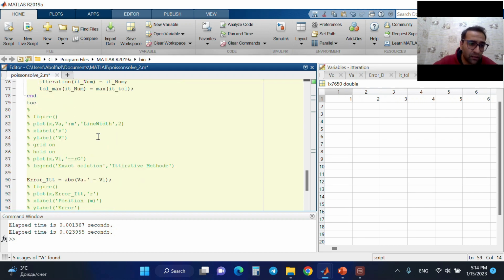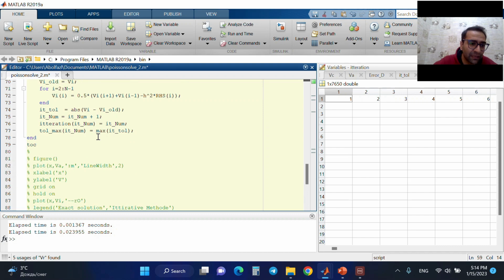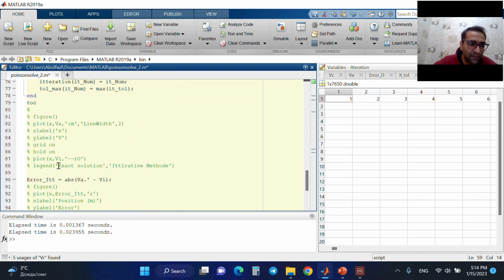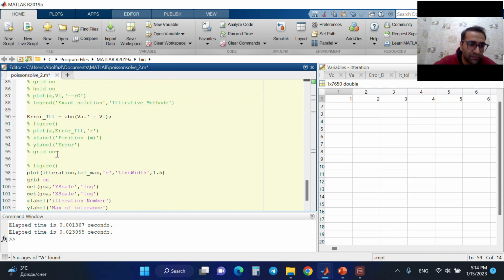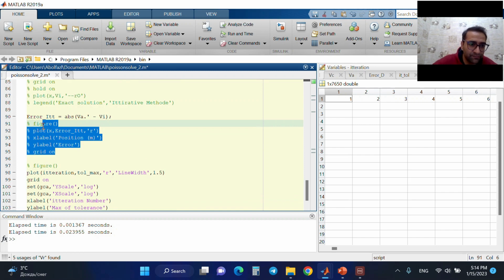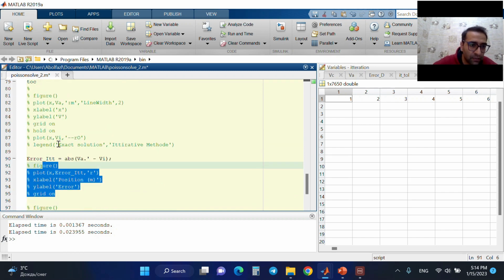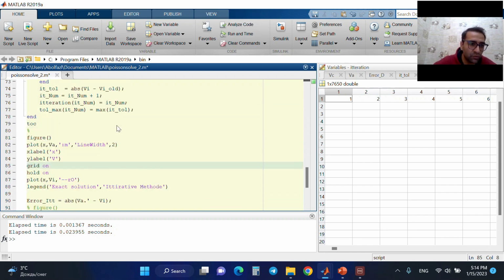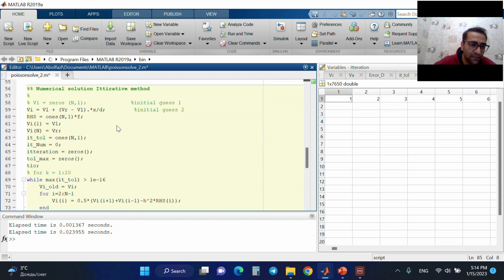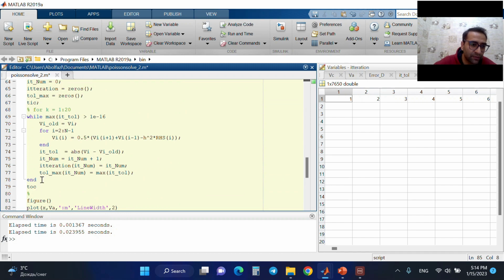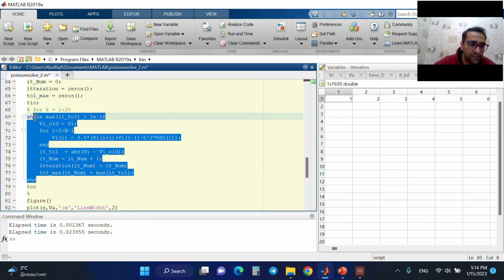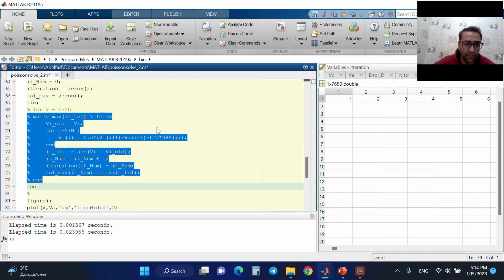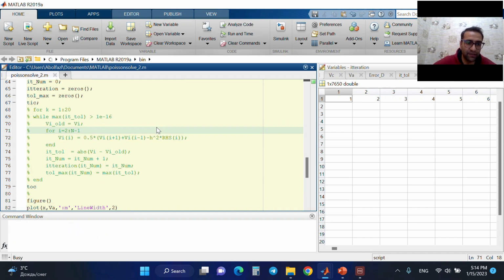Just before all of that, let's look at the appearance of the initial guess. Now let's look how this initial guess appears. What we need is to enable all of this updating of the VI and press F5.